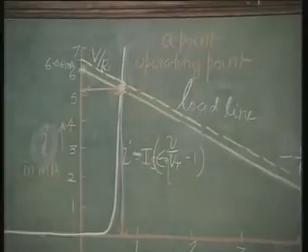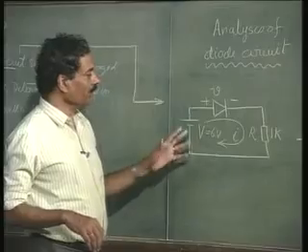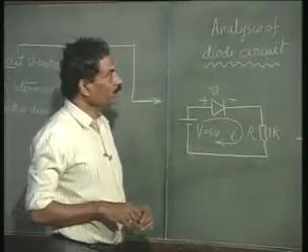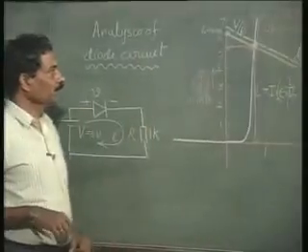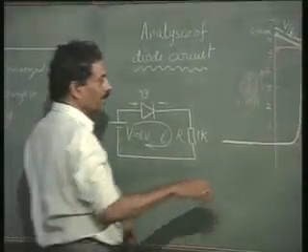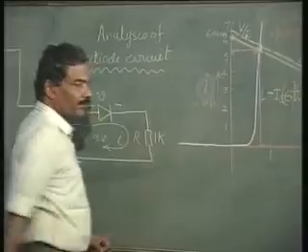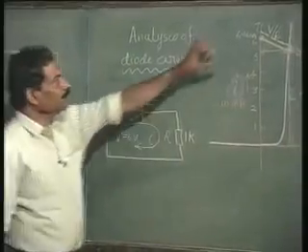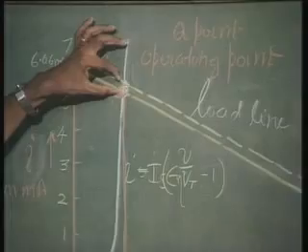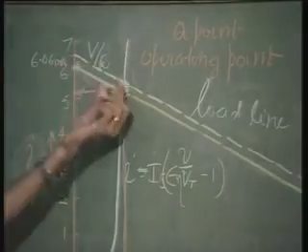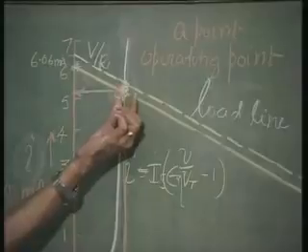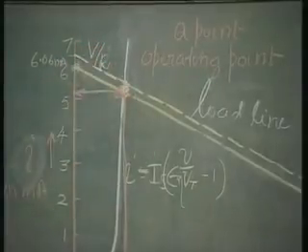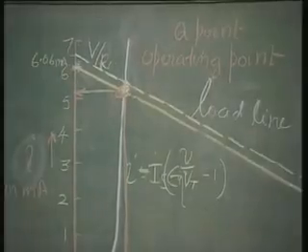So this diode is said to have an operating point of about 5.4 milliamperes and correspondingly near about 0.6 volts, and I am interested in the change that has taken place in both the diode current as well as the diode voltage. Diode voltage will change by a small amount, diode current also will change by a small amount. What is the change? How do you evaluate this?